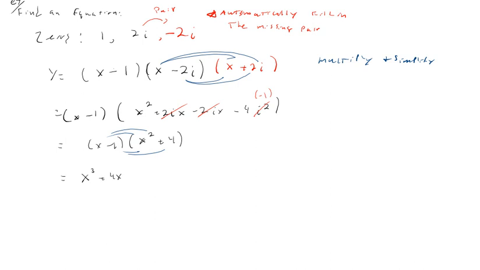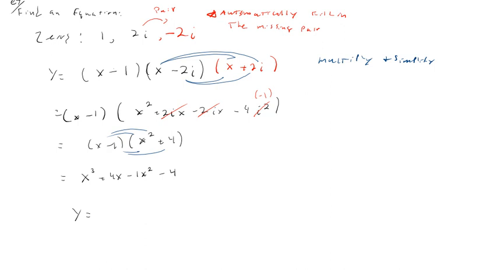This is our equation, right? I want to make sure I put it in the correct order. Always make sure you are in descending order, meaning the biggest exponent first, and then you go down.